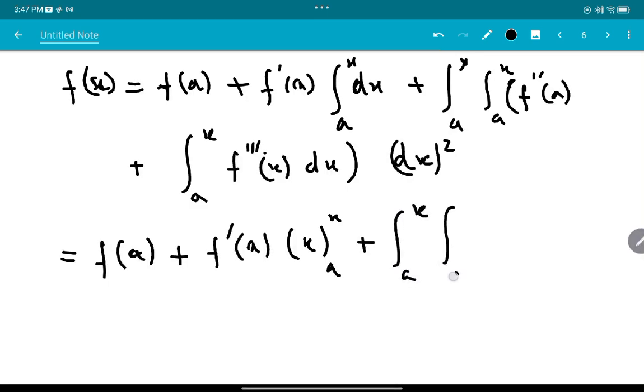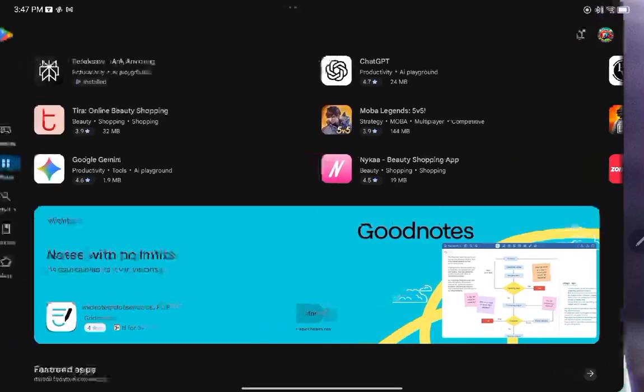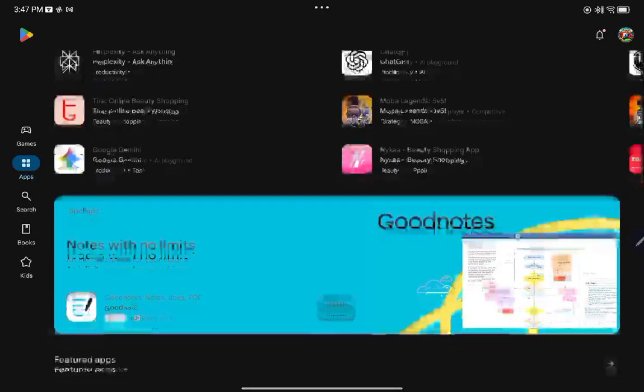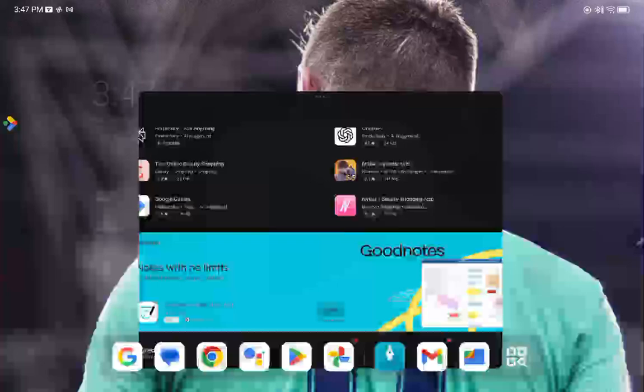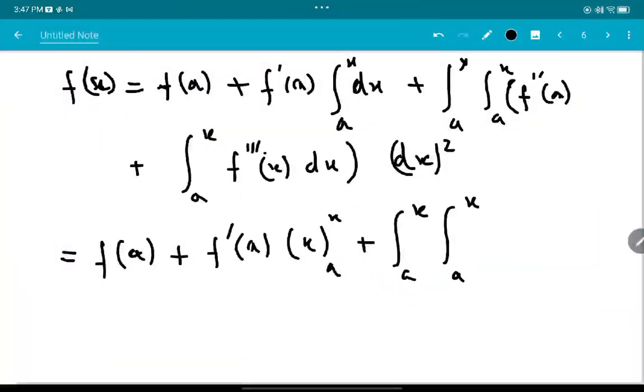Plus the integral a to x of f''(a). See, this f''(a) comes with this dx.